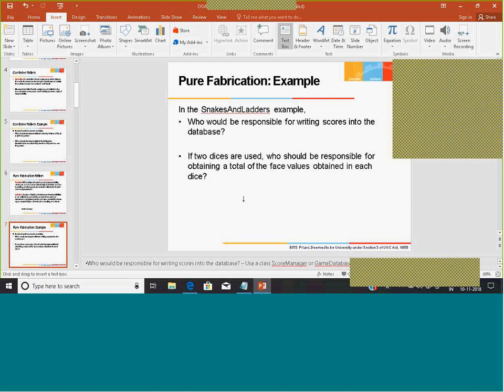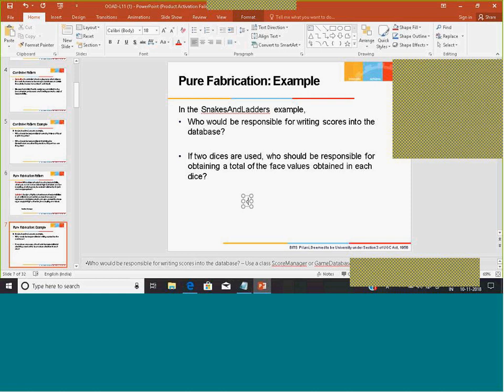In this case we would need a fabricated class which is called a cup, which would be responsible for finding the sum total of the two dices when the two dices are rolled.